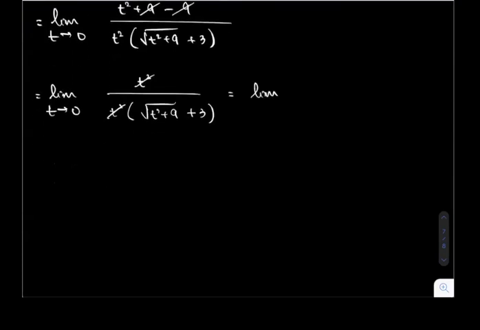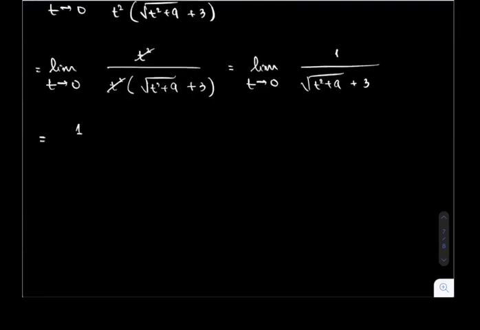You're left with the limit as t goes to 0 of 1 over the square root of t squared plus 9 plus 3. Now you can do direct substitution. Let t equal 0, and the answer is 1 over the square root of 9 plus 3, or 1 over 3 plus 3, which is 1 over 6.